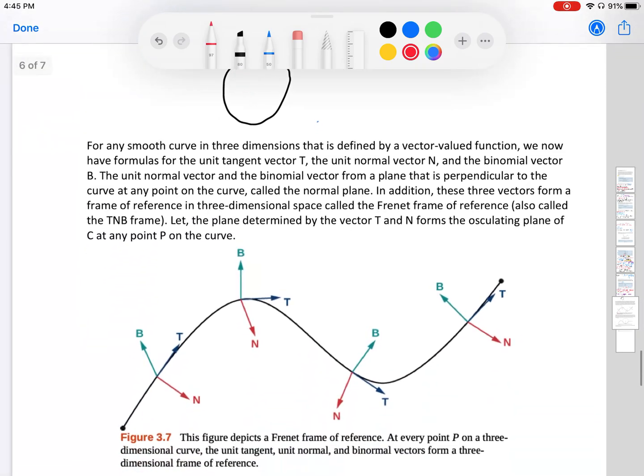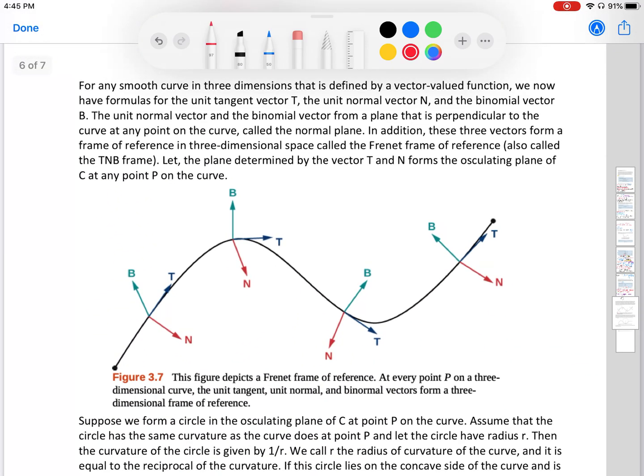Actually, we have that right below. For any smooth curve in 3 dimensions that's defined by a vector-valued function, we now have formulas for the unit tangent vector T, the unit normal vector N, and the binormal vector B. The unit normal vector and the binormal vector form a plane that is perpendicular to the curve at any point on the curve, called the normal plane.